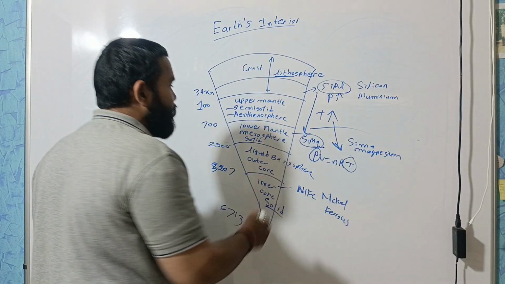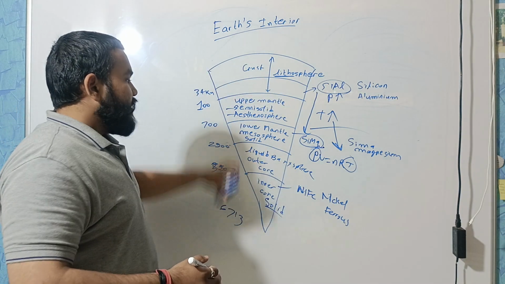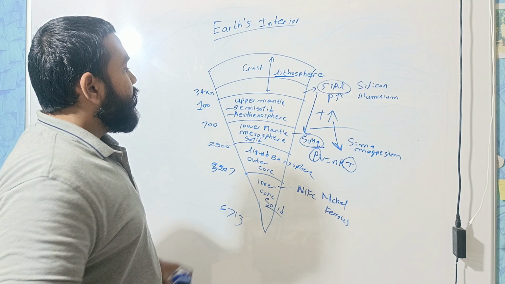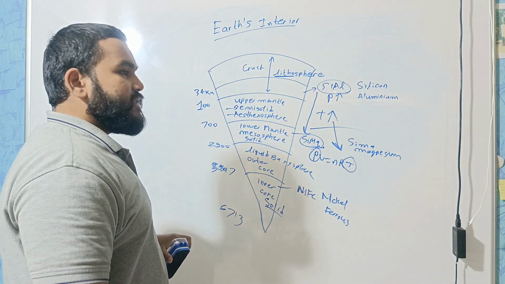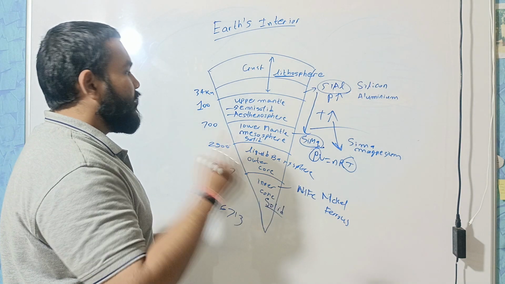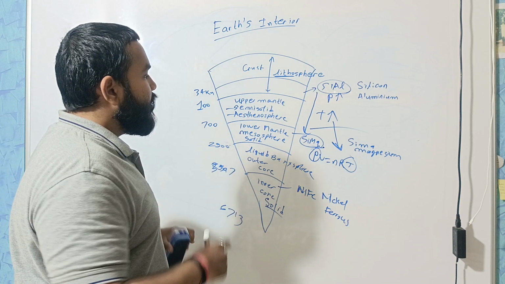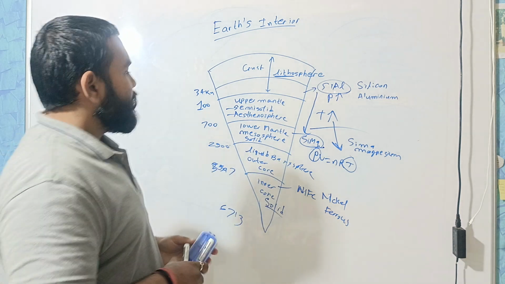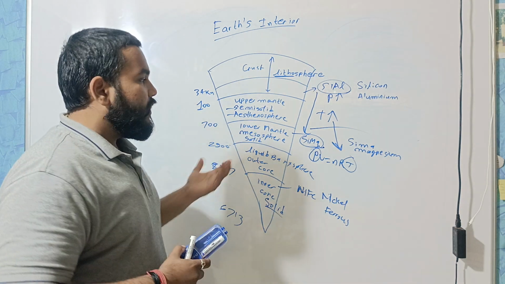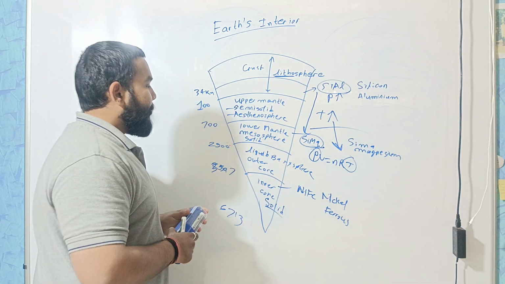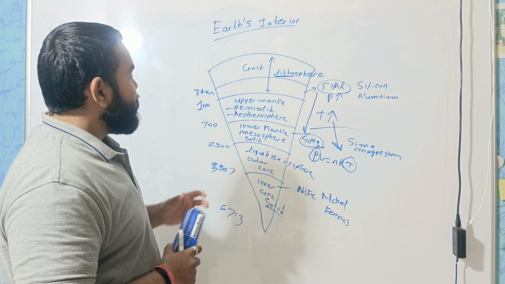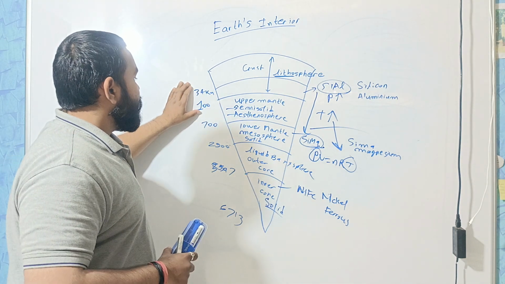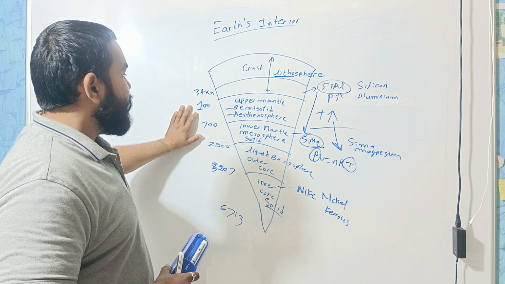So this is the Earth's interior structure, their names, their composition, their pressure and temperature conditions, and why it's so we will discuss in some minutes. There are some proofs or evidences for this. So where I left off, this is up to the 100 kilometers.